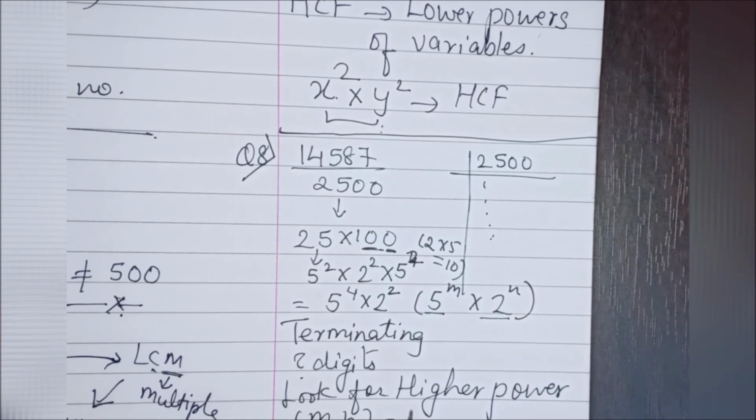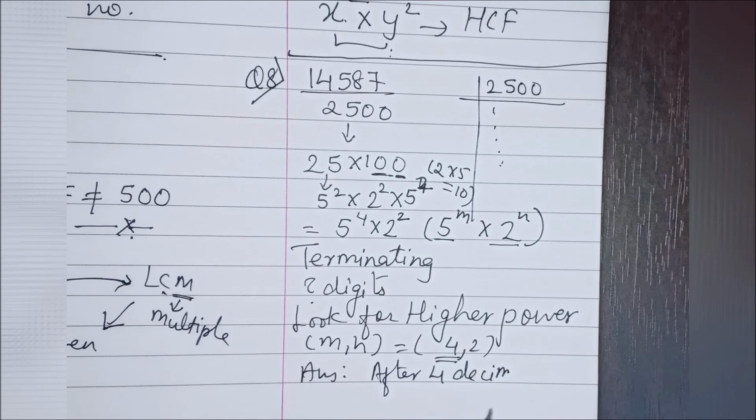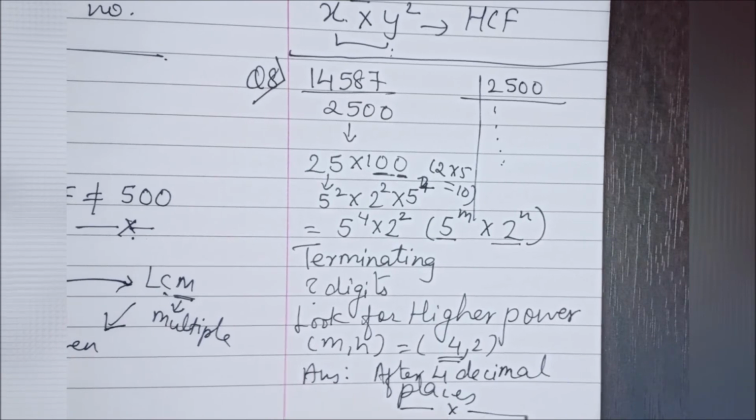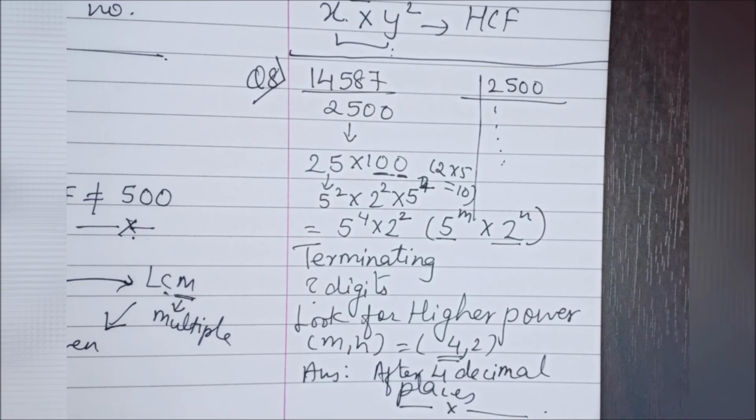So for that, look for the higher power of the numbers 2 and 5. So here we have 5 raised to 4 and 2 square. Out of this the higher power is of 5, that is the power 4. So the answer will be 4. So the decimal will terminate after 4 decimal places.